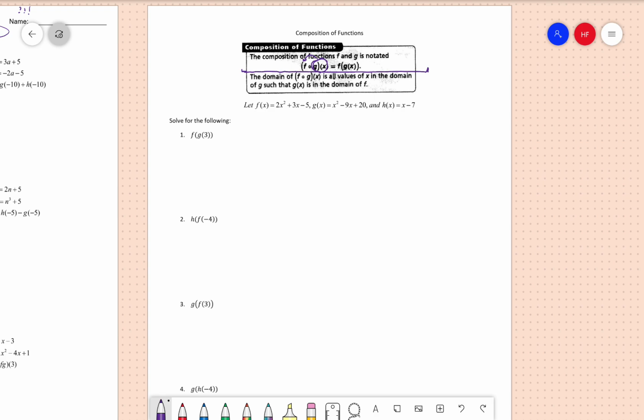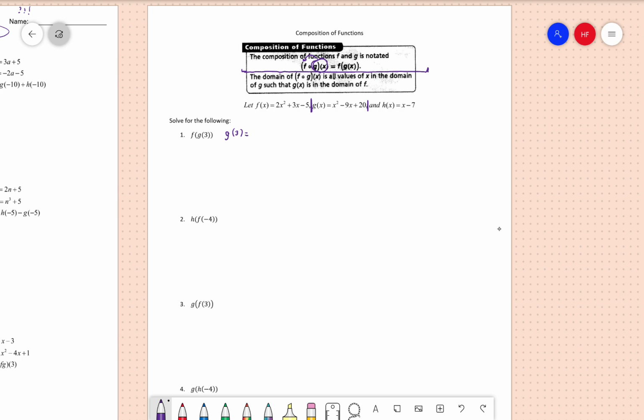So we're going to solve for each of these. They give us our functions, so we have f over here, g over there, and then we've got h. So for this first one, we got f of g of 3. First I want to work on the inside and find g of 3.